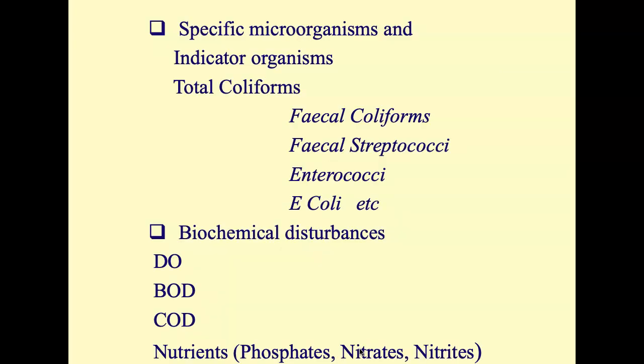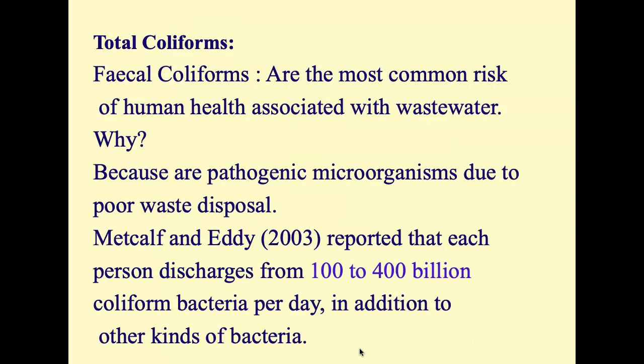For the microbial contamination of water, we have indicator organisms that include total coliforms, subdivided into fecal coliforms, fecal streptococci, enterococci, and even E. coli, and right down to biochemical disturbances that have to do with dissolved oxygen DO, biochemical oxygen demand, chemical oxygen demand, and even nutrients, specifically phosphate, nitrates, and nitrites.